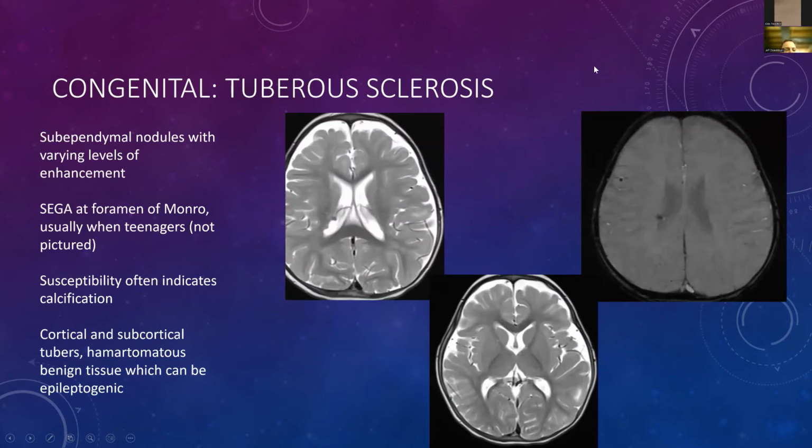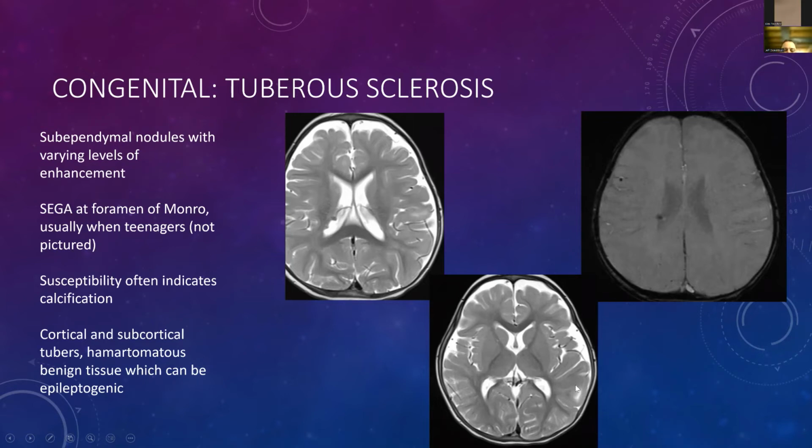One entity that we see not uncommonly is tuberous sclerosis. You have subependymal nodules, which have varying levels of enhancement, and you see susceptibility artifact on GRE or SWI, indicative of calcification of these nodules.